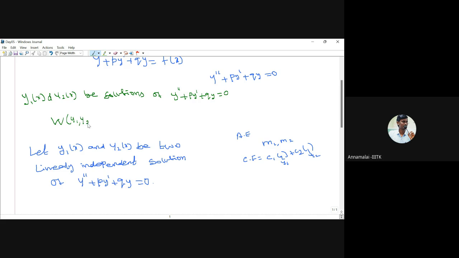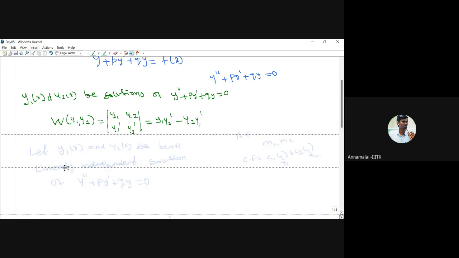Now we define the Wronskian W of y1, y2. It is nothing but the determinant of the 2 by 2 matrix with rows y1, y2 and y1 dash, y2 dash, the derivatives. So the determinant is y1 y2 dash minus y2 y1 dash. This is the Wronskian of the two solutions y1, y2. If the Wronskian is not equal to 0, then we say y1, y2 are linearly independent.